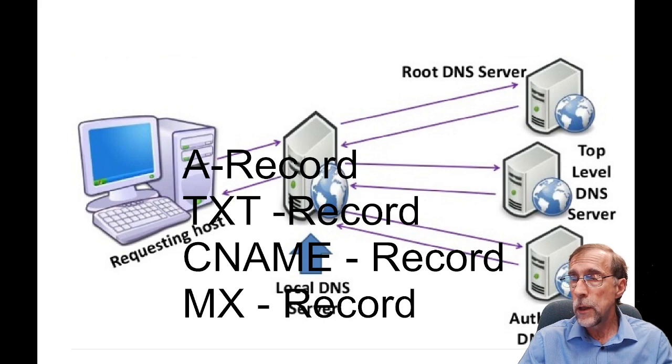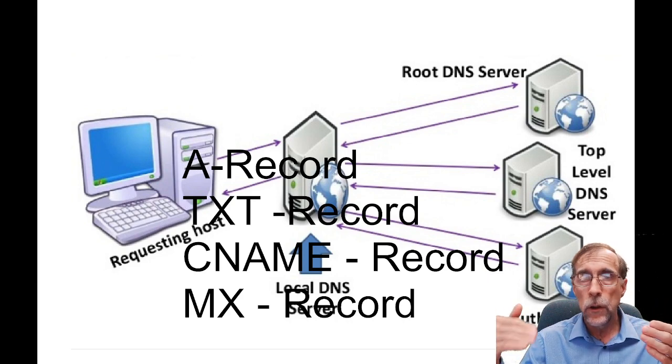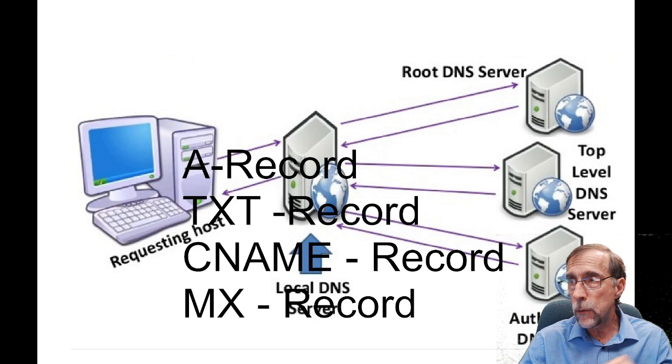An A record links the URL, whatever our example was, example.com, to an IP address. That's an A record. The text record is often a code that gets entered into your DNS records, typically with SSL certificates, authentication codes, that type of stuff.